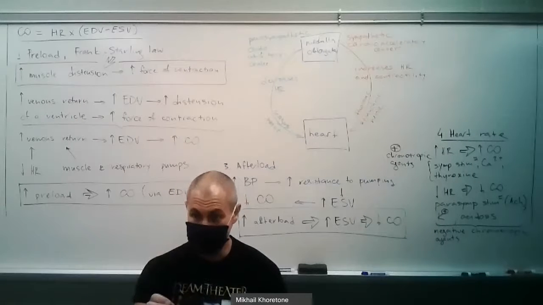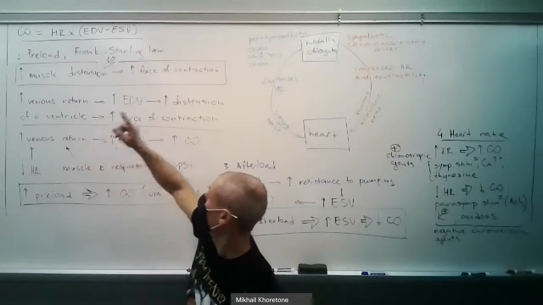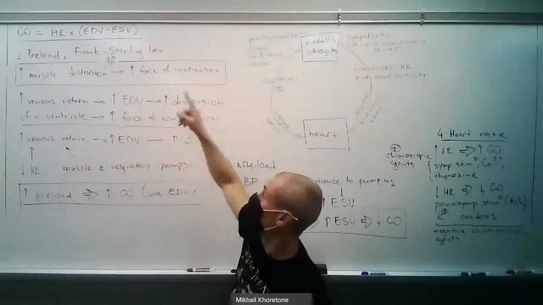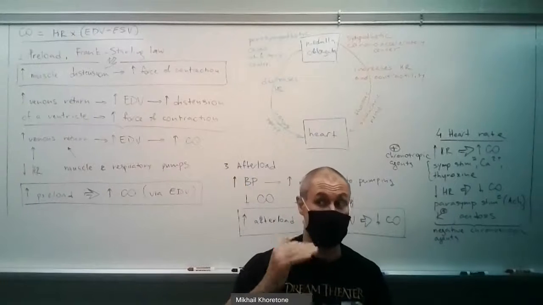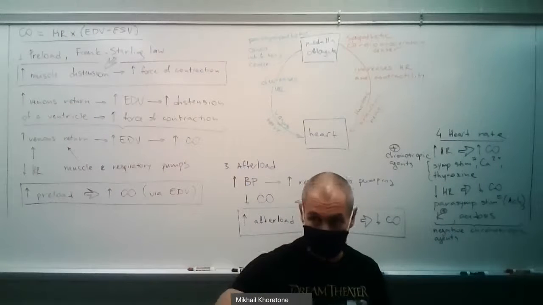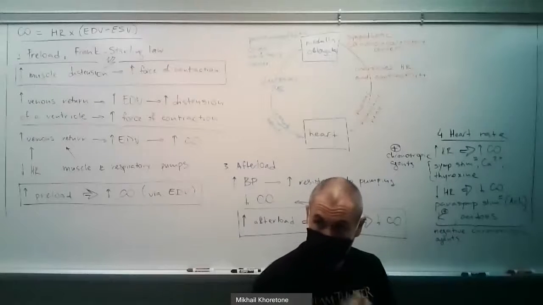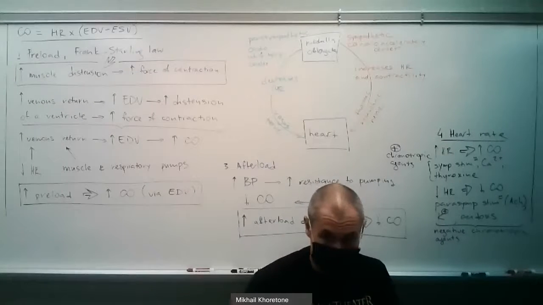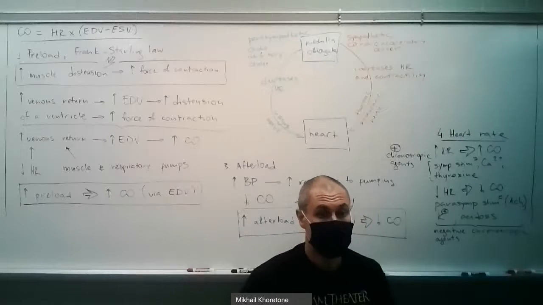Does that make sense? Less time, lower venous return, lower EDV, lower cardiac output, because I specify at rest. If at rest your heart starts beating faster, the stroke volume will go down. Does that make sense? Okay, good. Any questions on this?